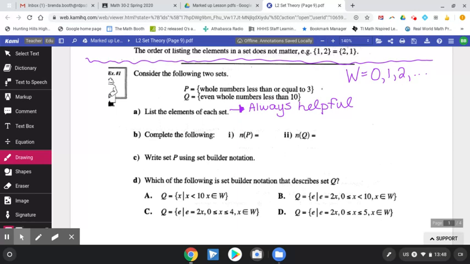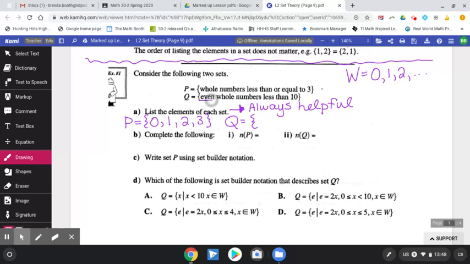Now for set P, capital P, curly brackets, we want whole numbers less than or equal to 3. So set P would include 0, 1, 2, 3. And set Q, capital Q, curly brackets, even whole numbers less than 10.